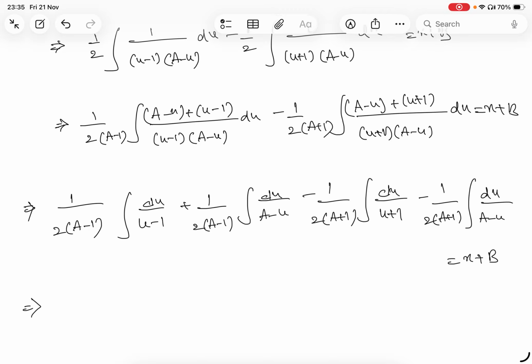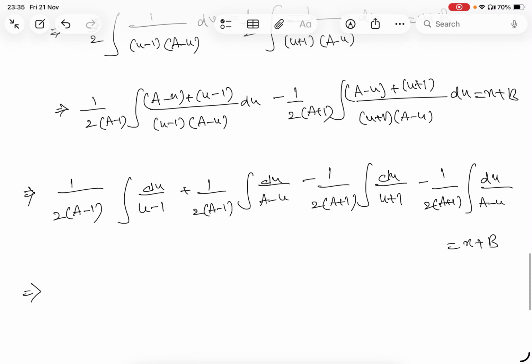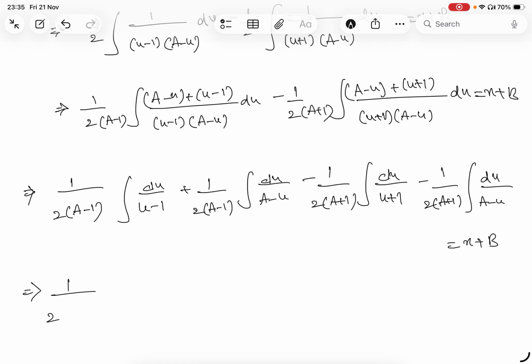So now you need to simplify it further. How will you proceed? Let's think. The first term here is 1 by 2 into a minus 1, this is a constant, it's not going to change. Now integral du by u minus 1 is ln of mod u minus 1, fine, plus, and I will tell you why this minus comes here. 1 by 2 into a minus 1 into this becomes ln of a minus u, right?